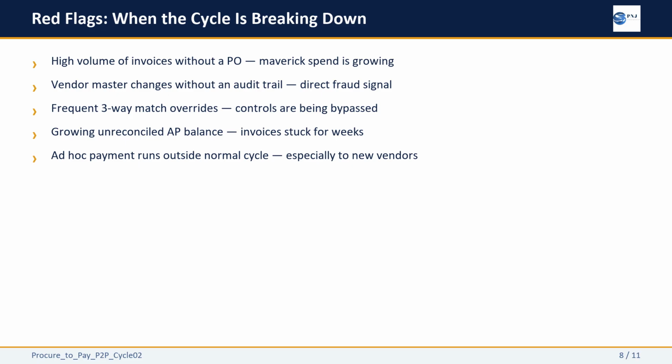A growing unreconciled AP balance means invoices have been in the system for weeks or months without being matched, paid, or resolved. Ad hoc payment runs outside the normal cycle, especially to vendors recently added to the master, are one of the highest risk patterns in the entire cycle. Raise these with clients immediately. Do not wait for month end.